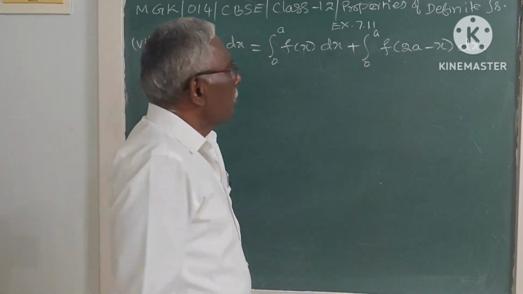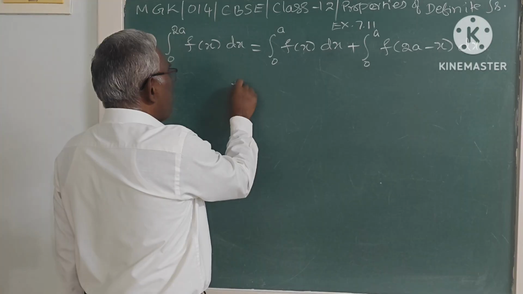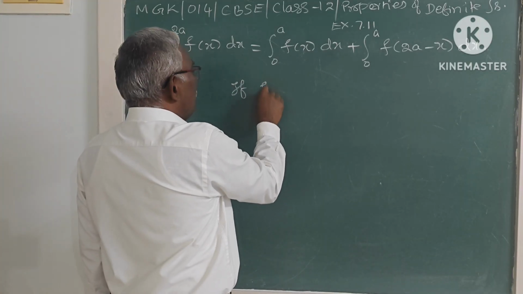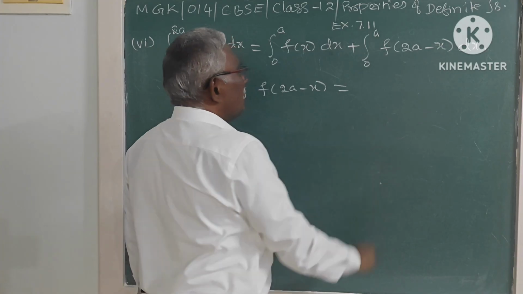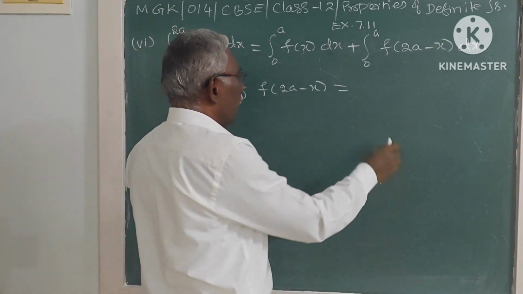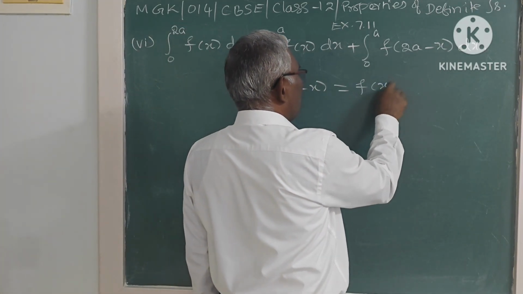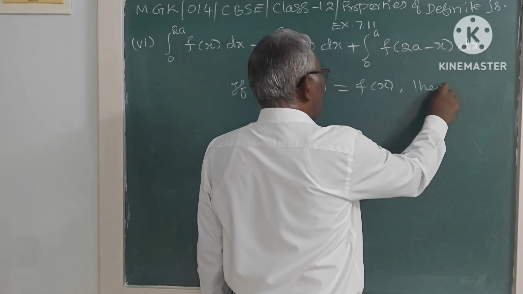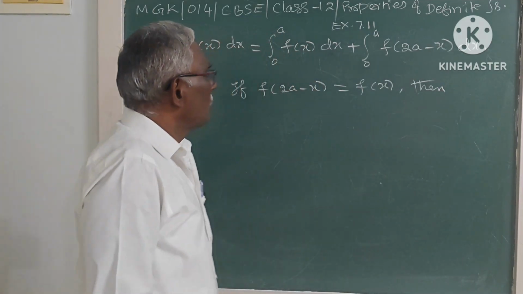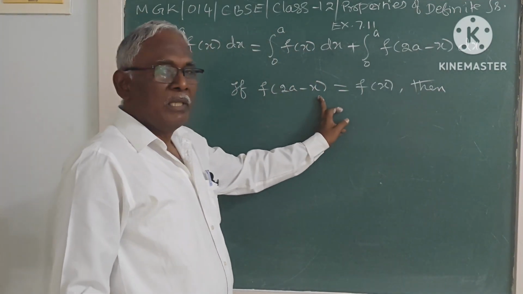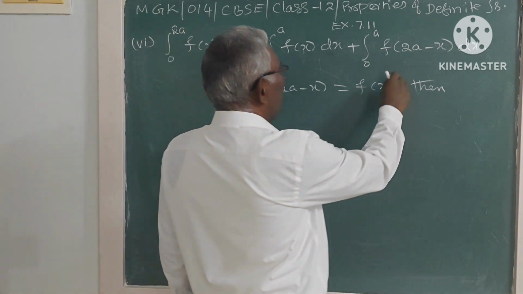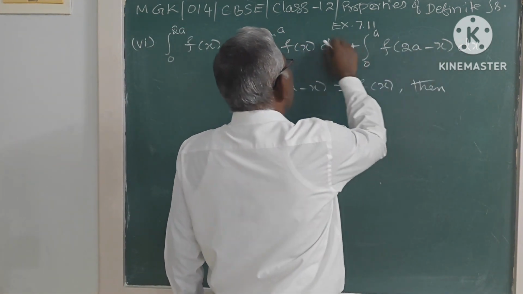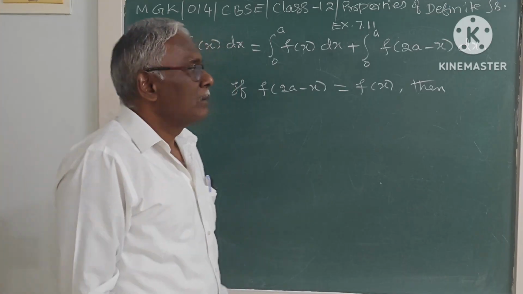In this, if f of 2a minus x is equal to f of x, then for this term we will write f of x only.